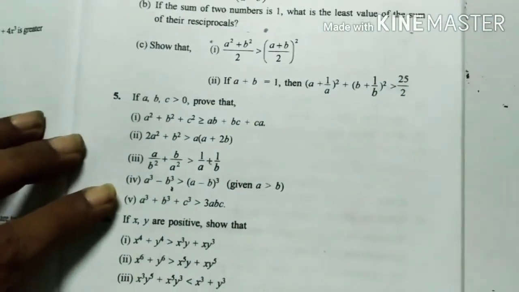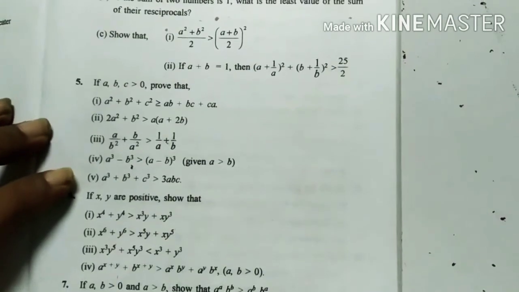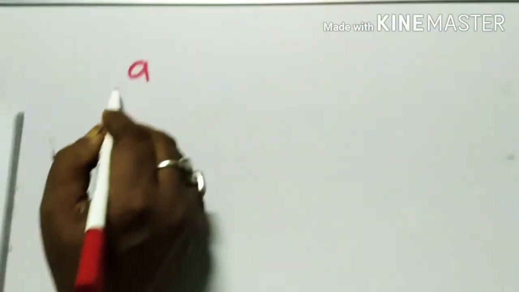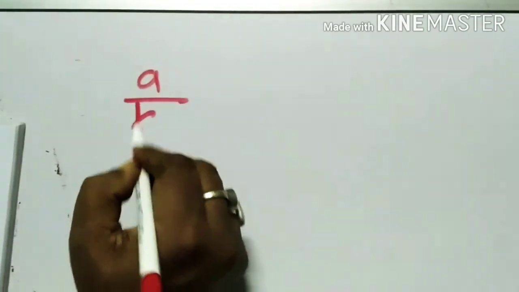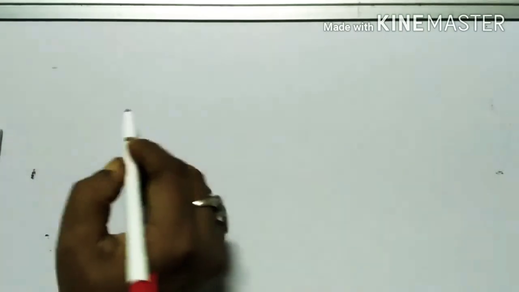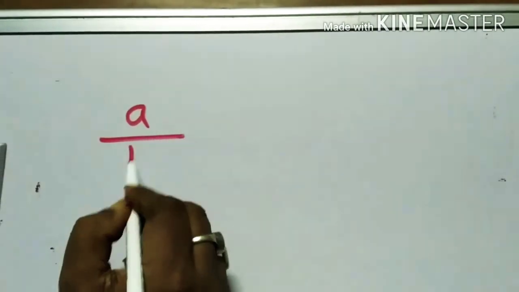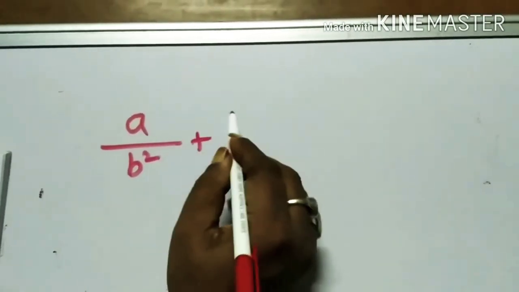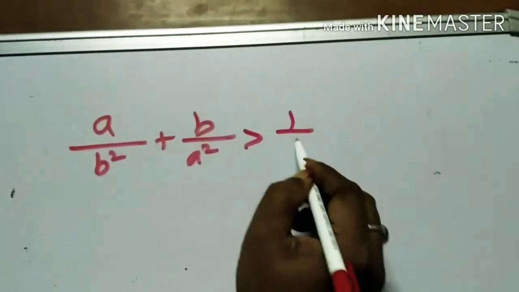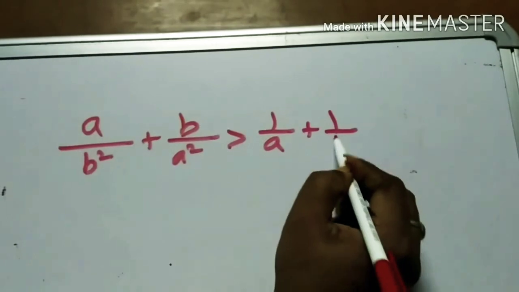Now again going to question number 3. See, I am going to question number 3. Here we have to prove that a by b square plus b by a square is greater than 1 by a plus 1 by b.